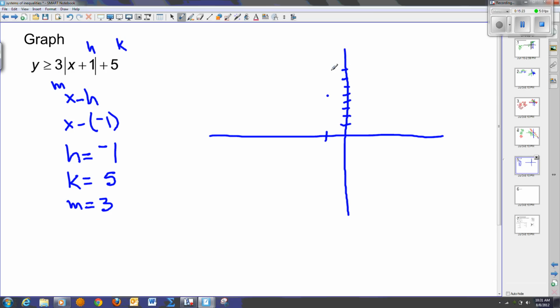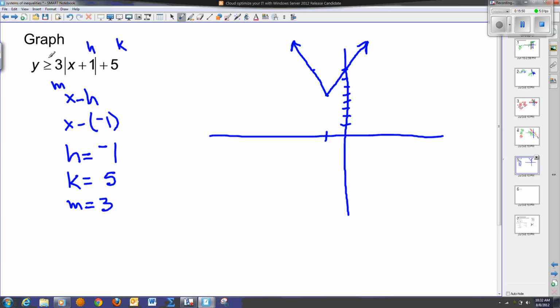So if I rise up 3 and run 3, I get 1 part of my absolute value graph. Now we know that all these look very similar to a V shape, and they're symmetric both to the left and the right of the vertex. So if I go up 3 and back 1, I get the other half of my absolute value graph.